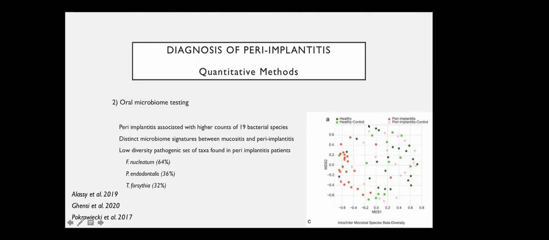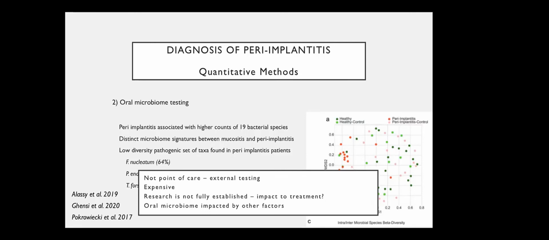And interestingly, these 19 bacterial species are generally very low in diversity, and there are very distinct signatures between mucositis and peri-implantitis. So that technically means we could differentiate between peri-implant mucositis and peri-implantitis with oral microbiome testing, looking at specific bacteria, particularly Fusobacterium nucleatum, P. endodontalis, and T. forsythia, to see whether or not there are elevated levels of them in the mouth.